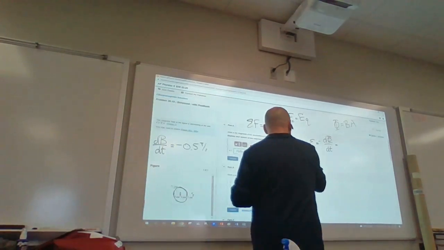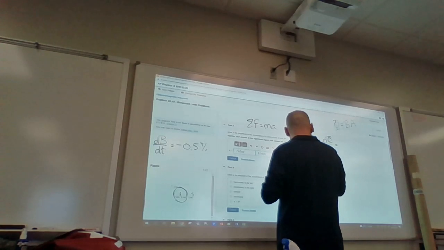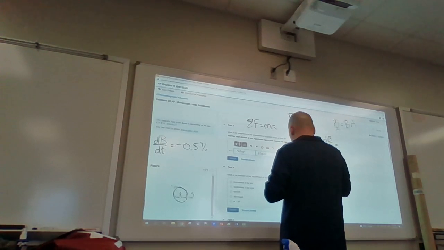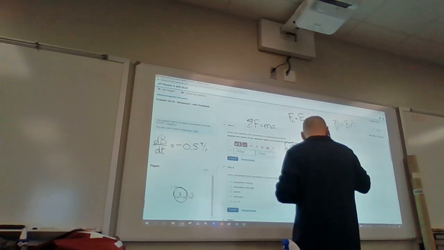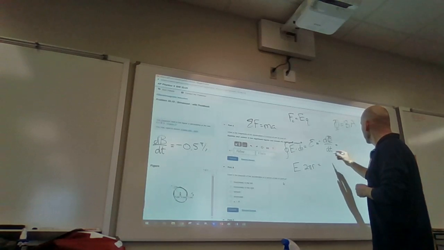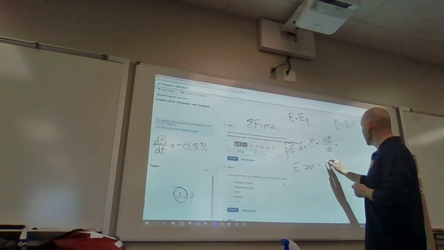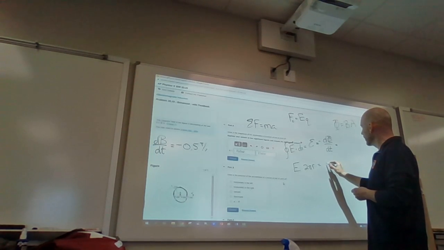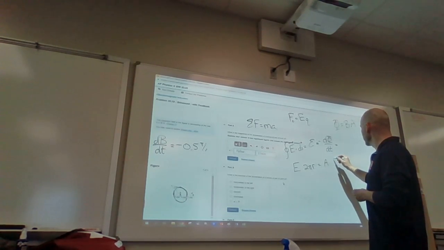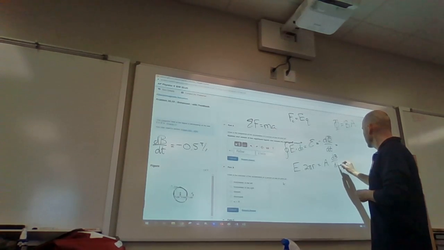Okay. So electric field times 2 pi r, so that's going to be, in this case, 1 centimeter, is going to be equal to the rate at which magnetic field is changing times the area.